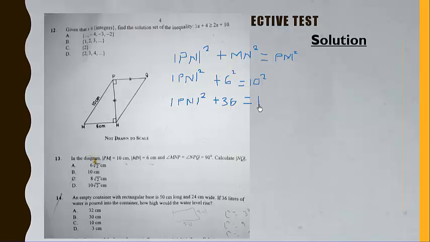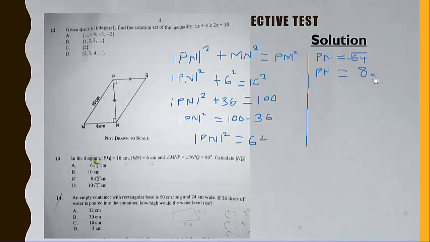So we have PN squared plus 36 is equal to 100. So we are looking for PN. So grouping like terms, we have 100 minus 36. So this gives us 64. So PN will be equal to root 64. That will give us 8 centimeters.